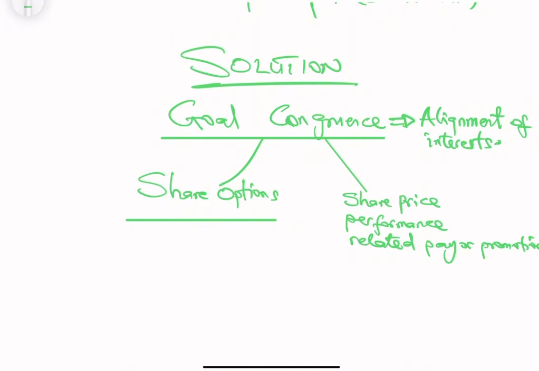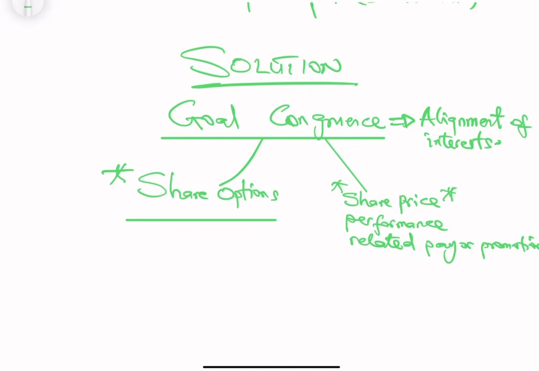But majorly what you're looking at is give the shares and give share price related remunerations. Because once they know that their benefit is tied to how the share price is performing, likewise, they will start thinking like a shareholder. So that is the solution to the agency problem.